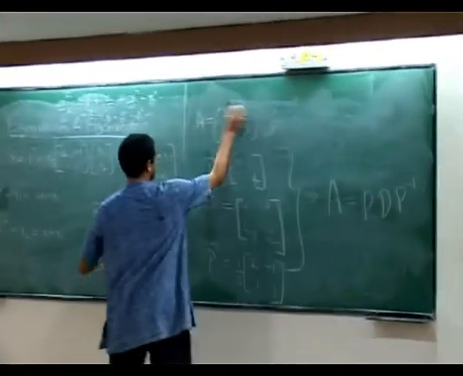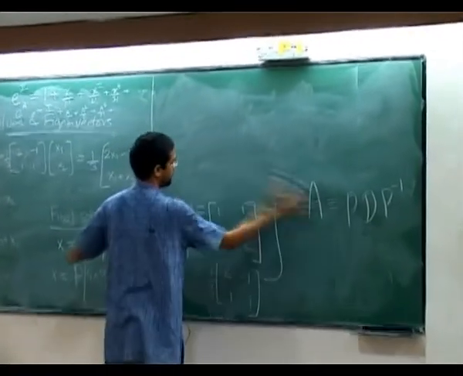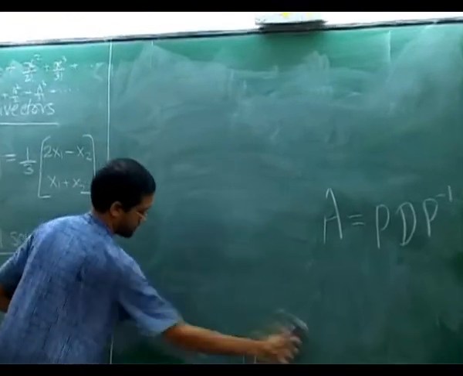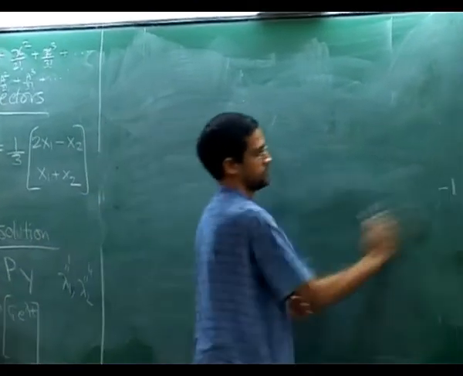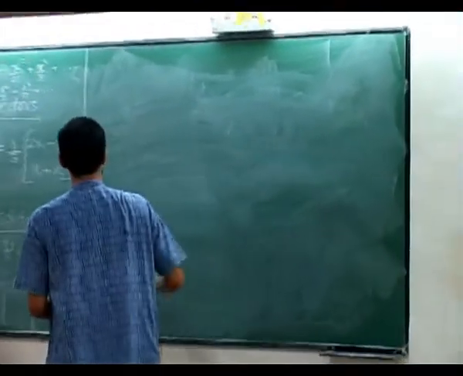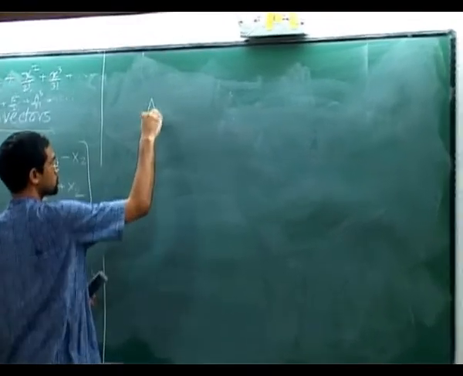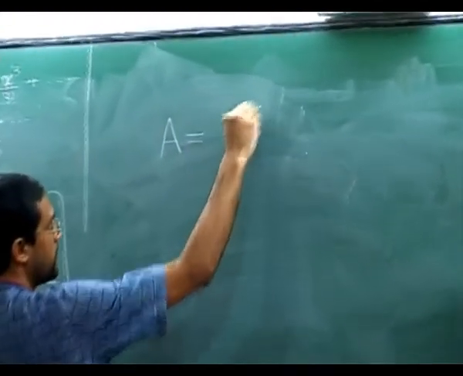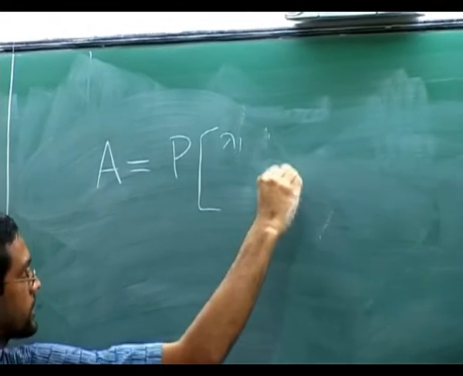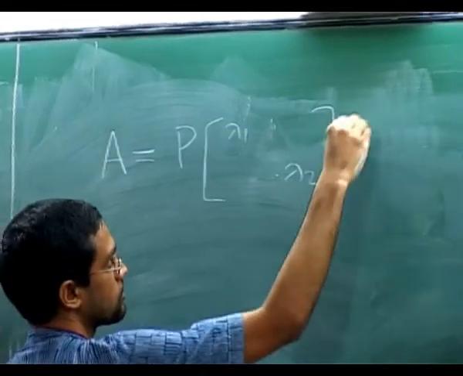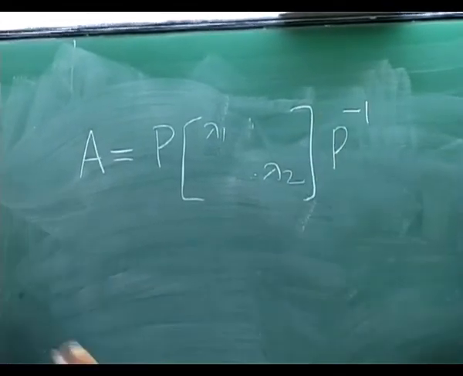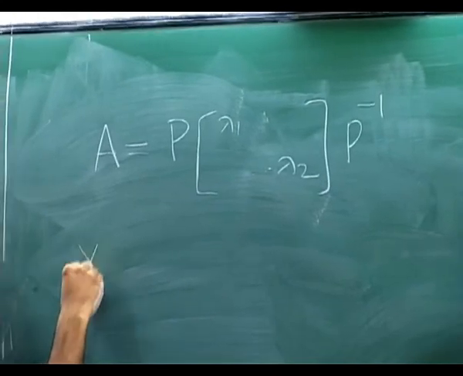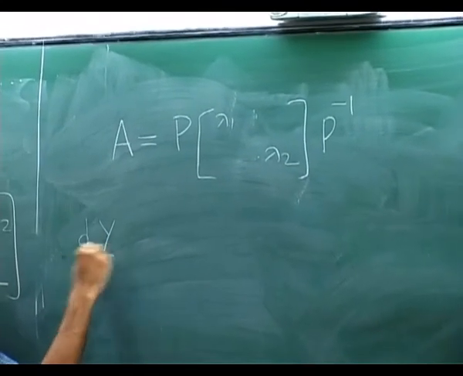So in general, what is the solution for y? Okay, let me write this out properly. Say more generally, in an arbitrary 2 cross 2 situation, I will write P D P inverse. D will look like this, with the two eigenvalues, times P inverse, and in this case I know what the equation for y looks like.